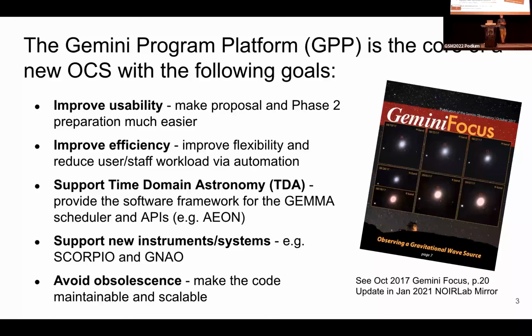So this is the core project with the goals of improving usability, making everything easier, especially phase 2s and proposal preparation, improving efficiency through increased automation, supporting time-domain astronomy by providing the frameworks and the constraints we need for an automated scheduler, as well as APIs for better communication, supporting new instruments such as Scorpio and GNAO, and avoiding obsolescence. As I say, we need to modernize our entire stack to make it better, easier to maintain, and a lot more scalable.